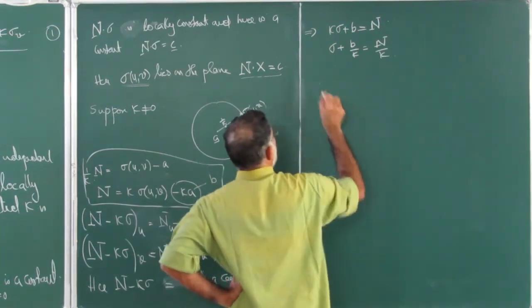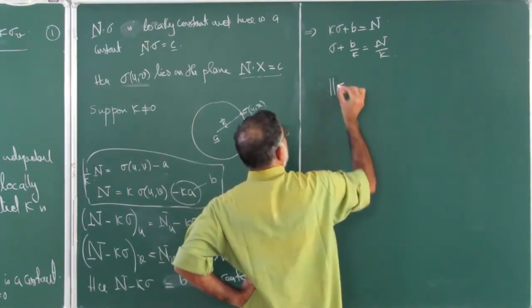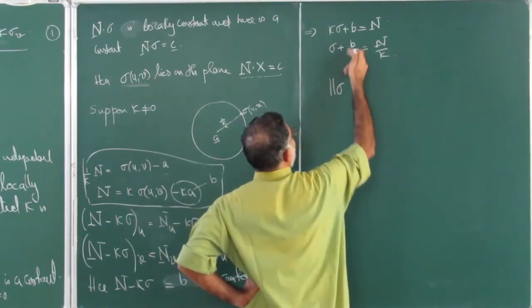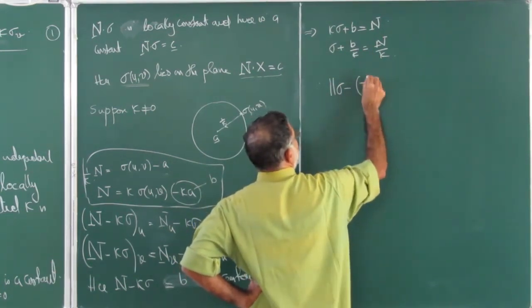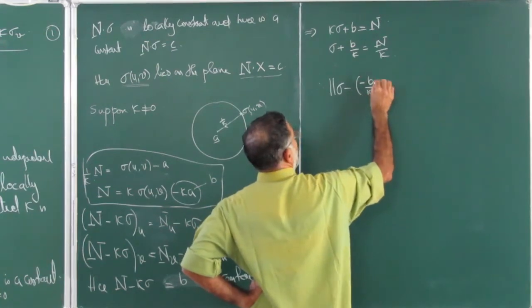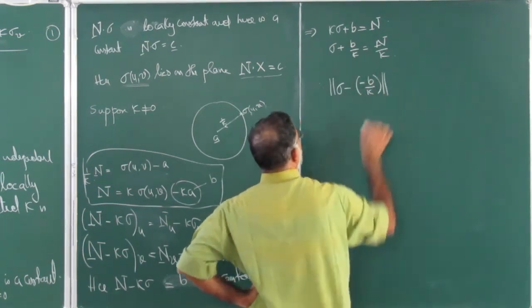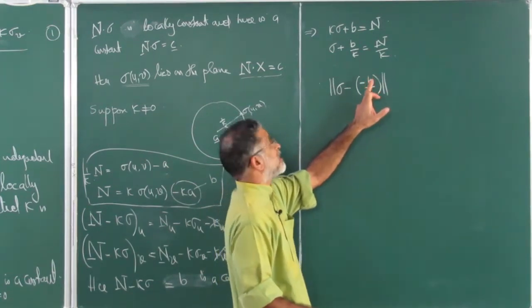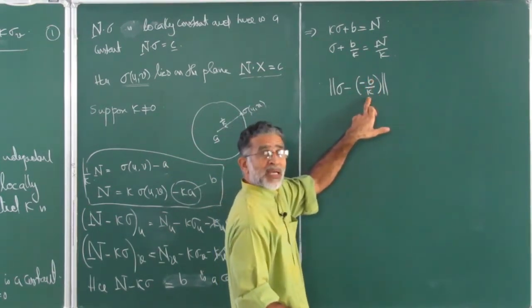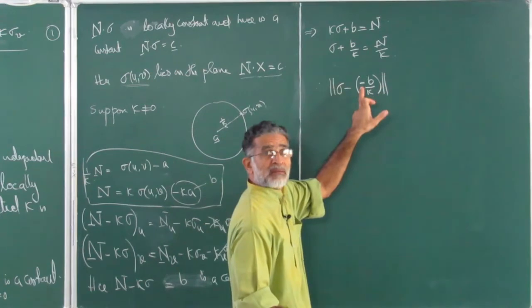So therefore norm of sigma, now I want to, this is your center. So you want to write it like that, then you write like this. Norm of sigma minus, this is a constant, b is a constant. So kappa is a constant. So this is a constant vector.